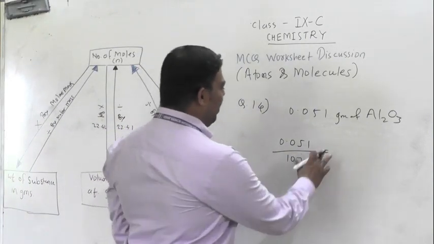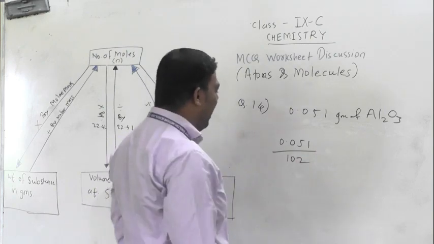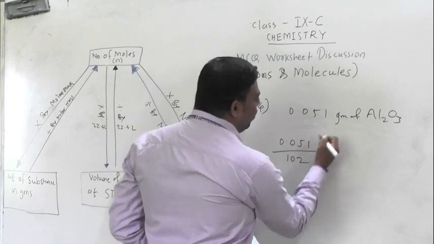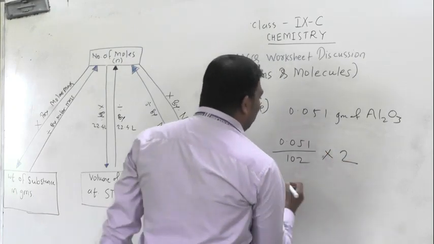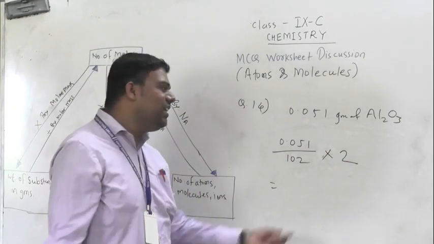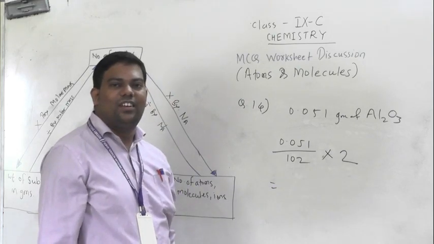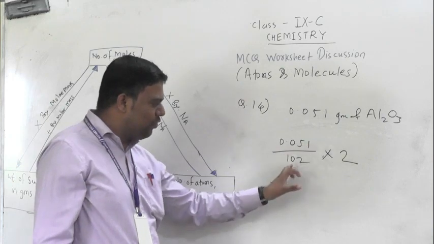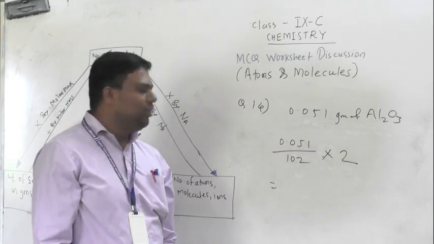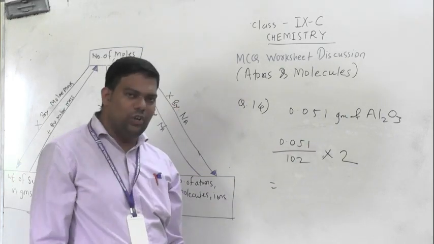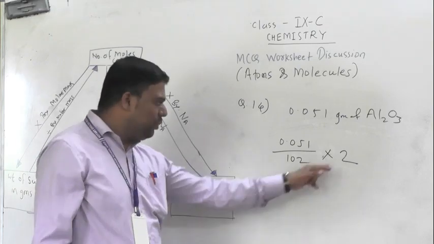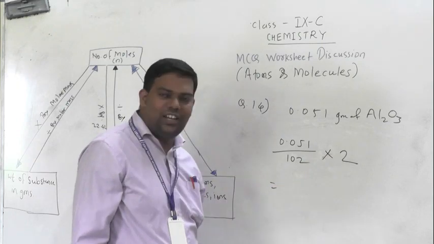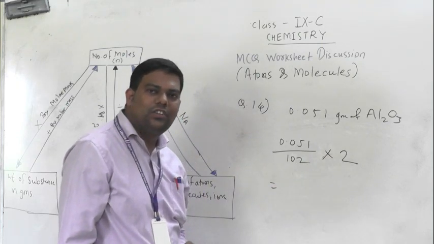Okay, so whatever your answer is, that answer into 2. Why 2 here? Because first you do this calculation, 0.051 divided by 102, into 2.